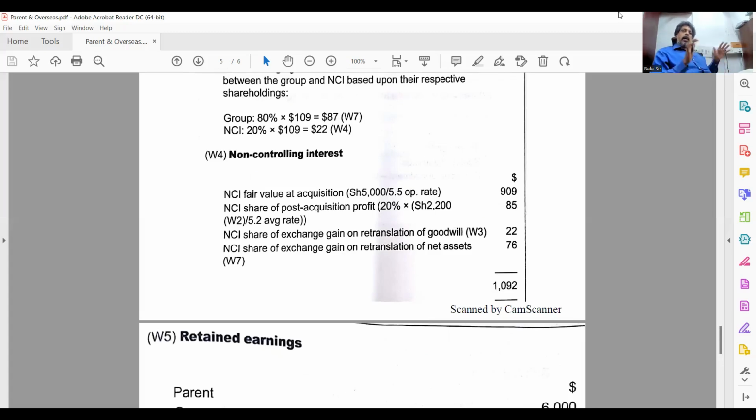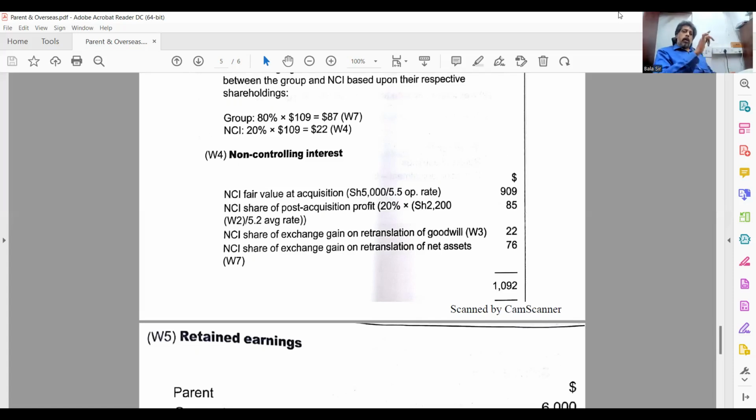Take that and then add 20% of the post-acquisition retained earnings, and also take the non-controlling interest share in the exchange gain arising on retranslation of goodwill, right? What is the next line? There's NCI of post-acquisition. We know post-acquisition profit of the subsidiary is 2,200 shillings, right? That divided by 5.2, because it's the average rate for the profit for the year.